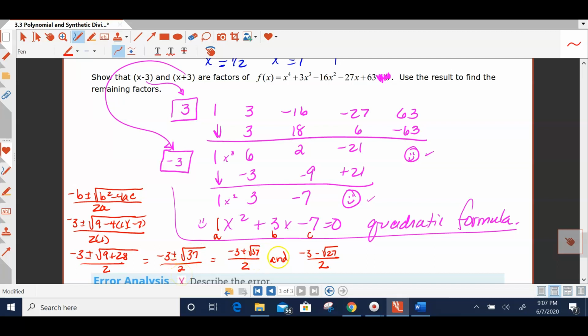And I can break that up into 2 individual values, negative 3 plus the square root of 37 over 2, and negative 3 minus the square root of 37 over 2. So I've got 4 zeros. 1, 2, 3, 4. The degree was 4. And if I wanted to, I could write all of those out as factors.